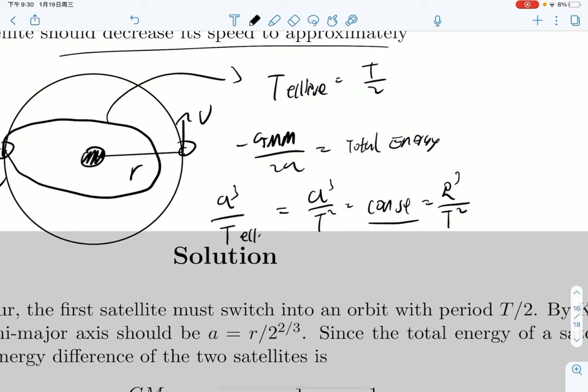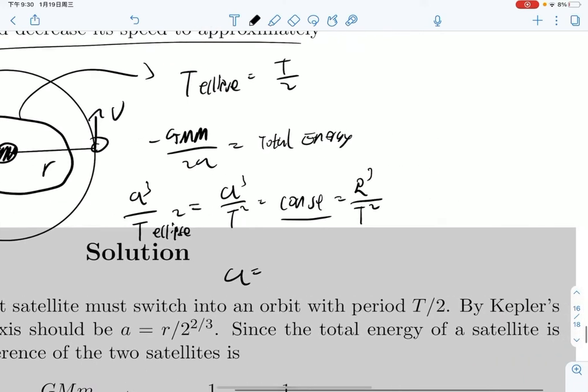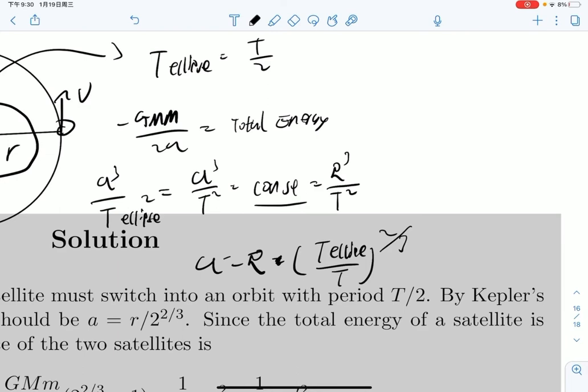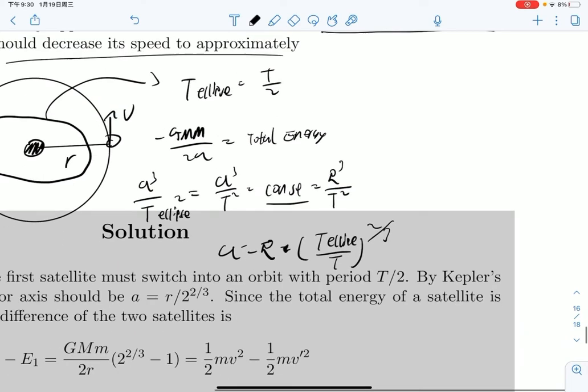So a is equal to r times t ellipse divided by t squared, to the power of 2/3. Let me check. Okay, this is correct. And here's a new a.